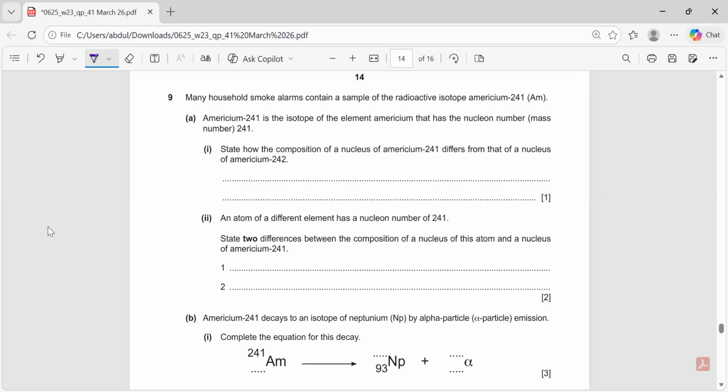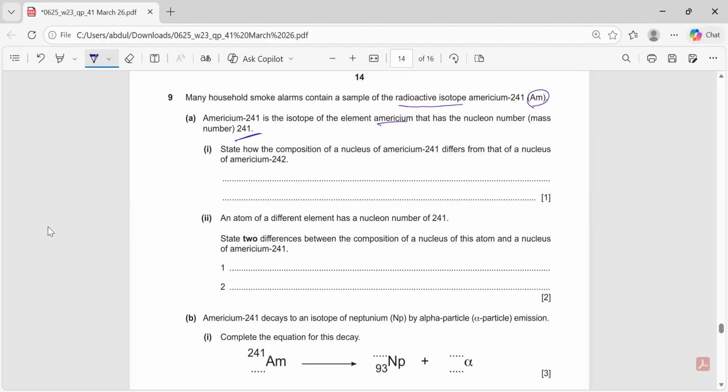Many household smoke alarms contain a sample of the radioactive isotope americium-241, Am. Americium-241 is an isotope of the element americium that has the nucleon number 241.